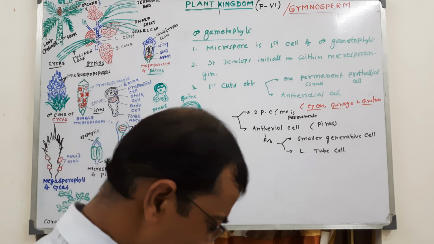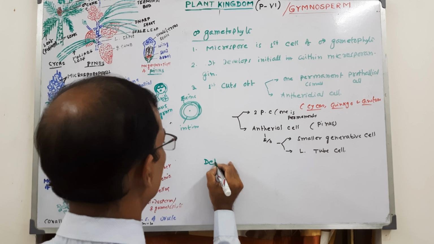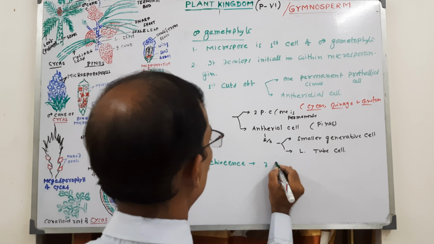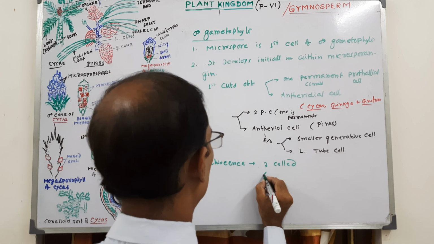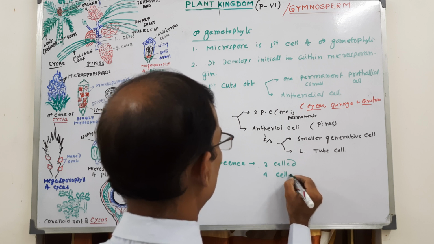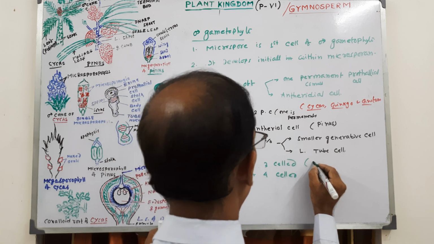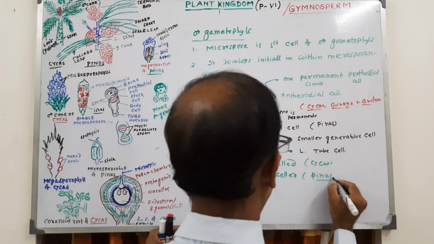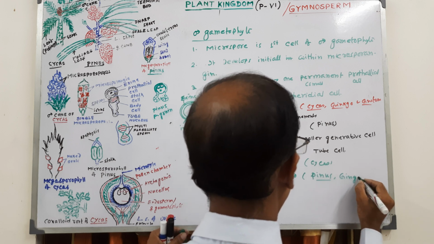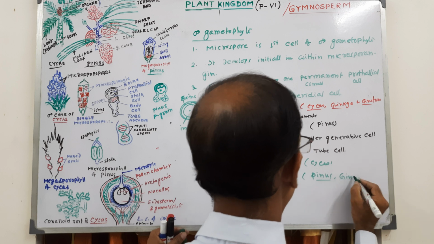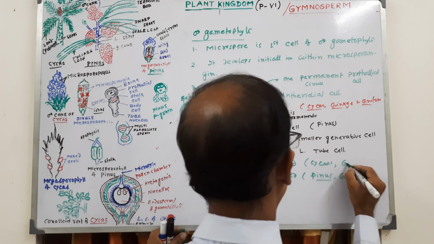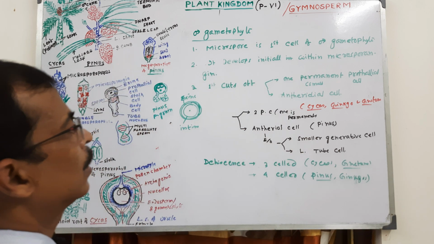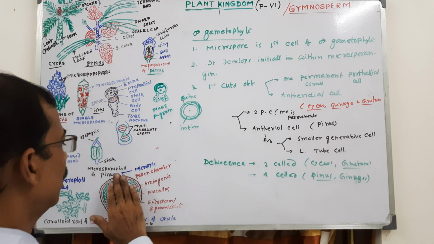Dehiscence takes place at the 3 celled or 4 celled stage: 3 celled in Cycas and Gnetum, 4 celled in Pinus, Ginkgo, etc. After dehiscence, the further division takes place in the ovule.